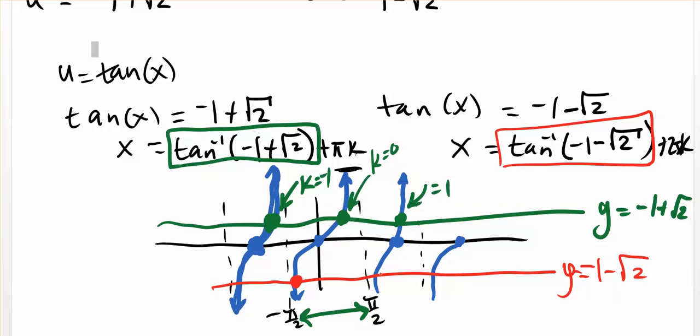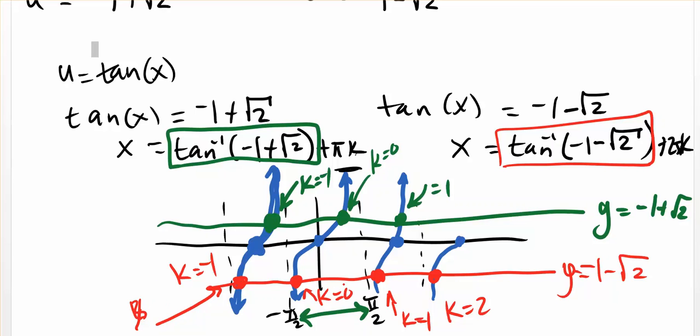Then the second one, if you add pi, is k equals 1, and this one right here is k equals 2. This one right here is k equals negative 1, and here is k equals 0.